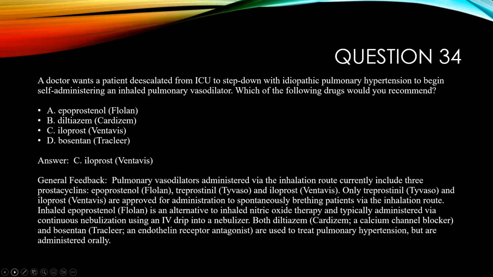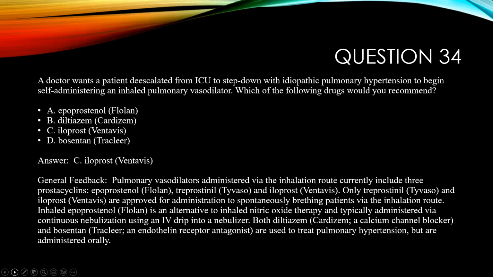Let's look at why. Pulmonary vasodilators administered via the inhalation route currently include 3 prostacyclins: epoprostenol, Flolan, Tyvaso, and Ventavis. Only Tyvaso and Ventavis are approved for administration to spontaneously breathing patients via the inhalation route.